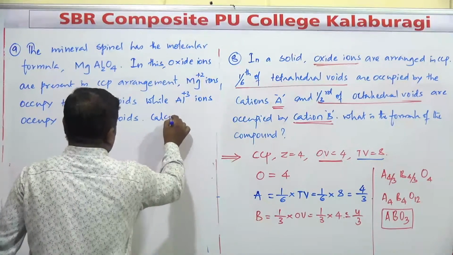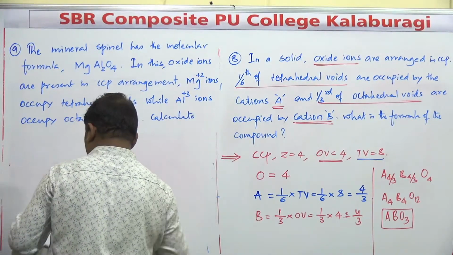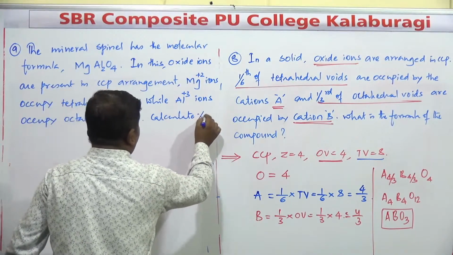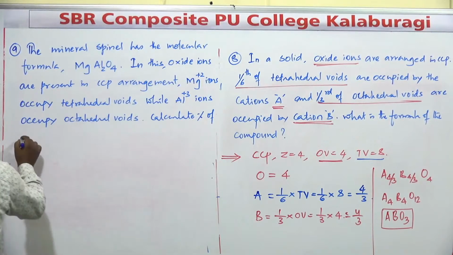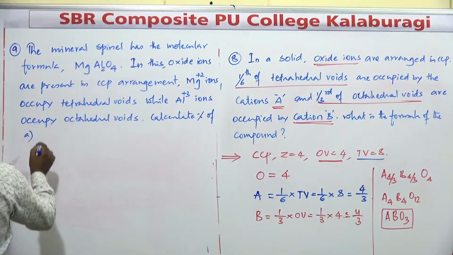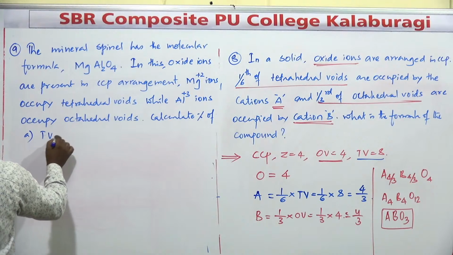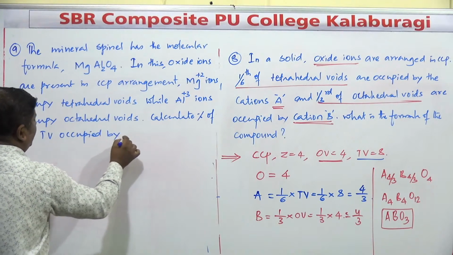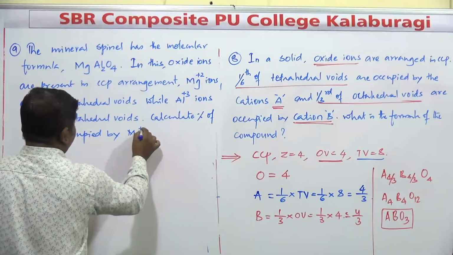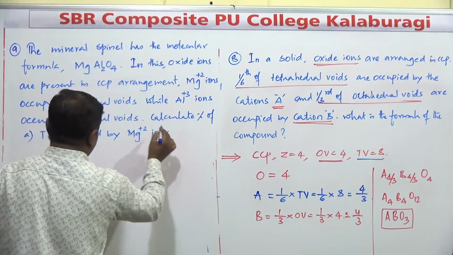Then calculate the percentage of tetrahedral void occupied by Mg plus 2 ions.